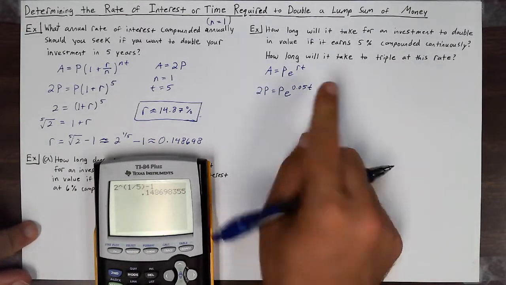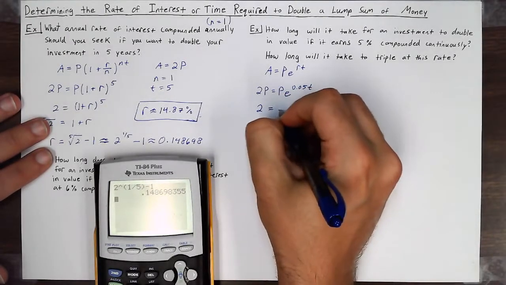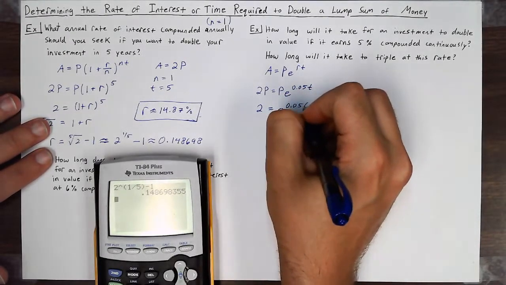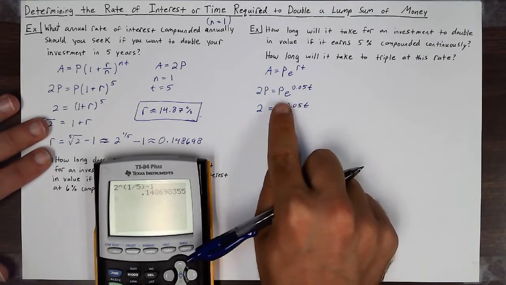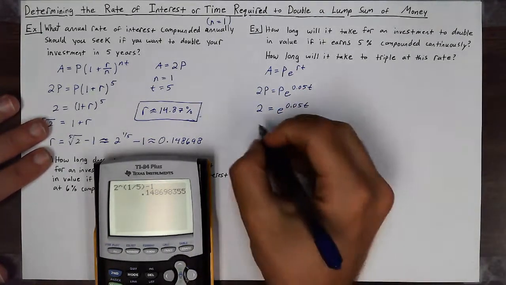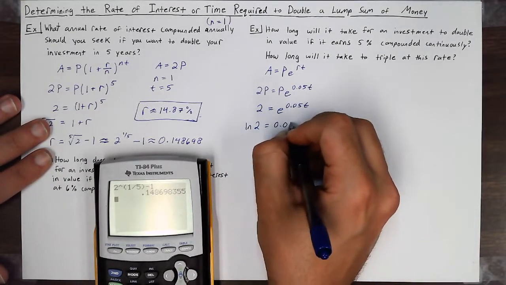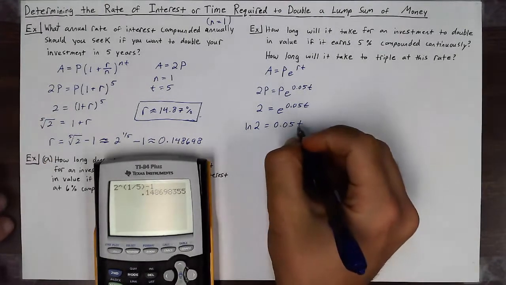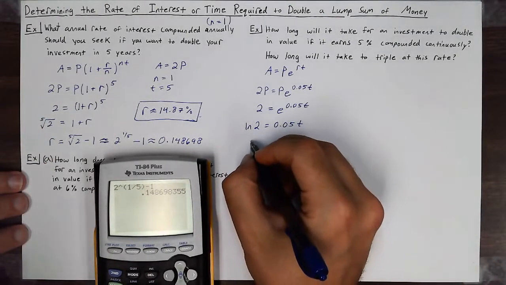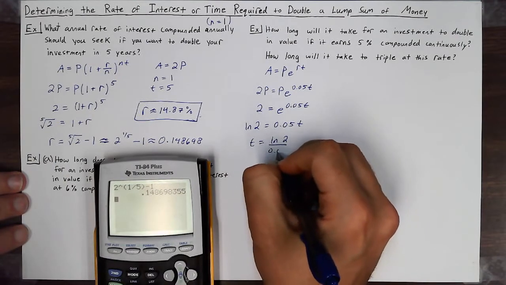So we'll start by dividing each side by P. That gives me 2 equals e to the 0.05t. And then I want to rewrite this into logarithmic form to get that variable out of the exponent. So that gives me natural log of 2 is equal to 0.05t. And then I divide each side by 0.05, and t is equal to natural log of 2 divided by 0.05.